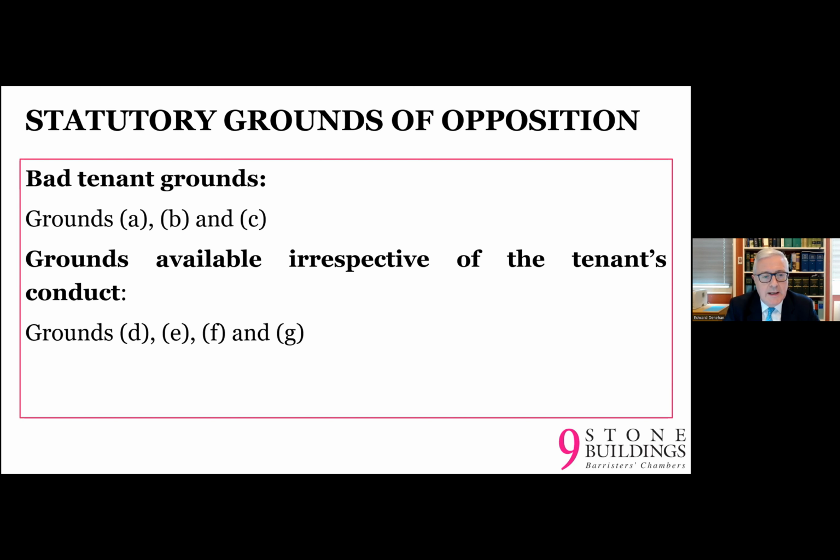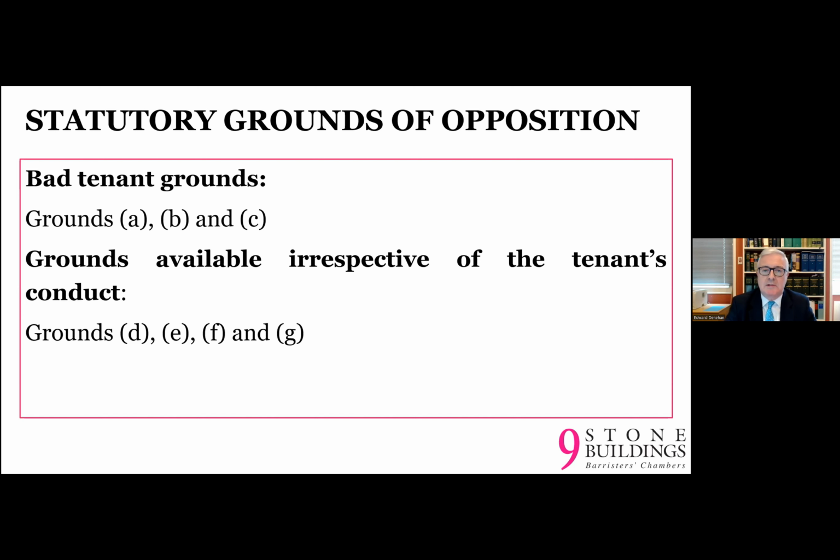I can remember doing cases under A, B, and C, the bad tenant grounds, but not for a long time and not very often. And the reason for that is, as I suggest, as follows: with the bad tenant grounds, breach of some obligation, if the landlord is faced with a tenant who's in breach of its obligations under the relevant lease, then the landlord, in the vast majority of cases, will have immediate remedies available to it.